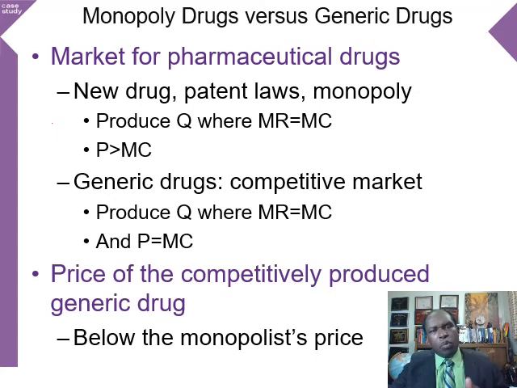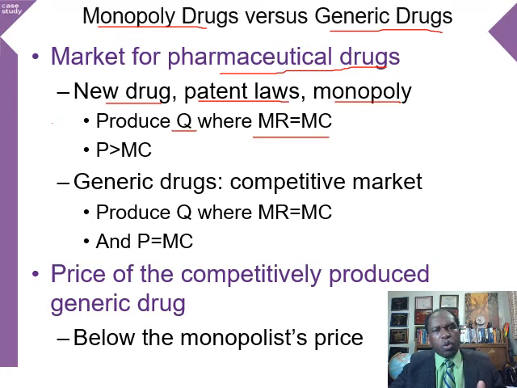Two examples of monopoly and perfect competition are monopoly drugs versus generic drugs. Take the market for pharmaceutical drugs: it is a new drug, and the company has a patent by law. The monopoly will produce Q where marginal revenue equals marginal cost, and the price is greater than marginal cost.